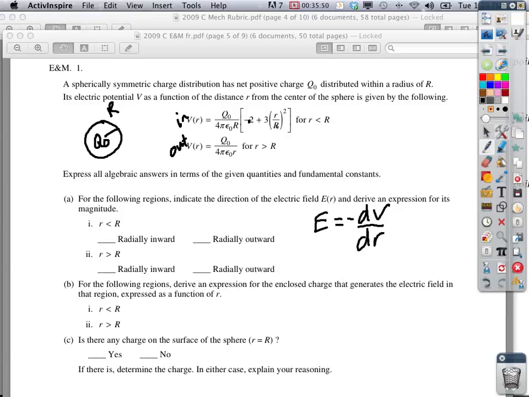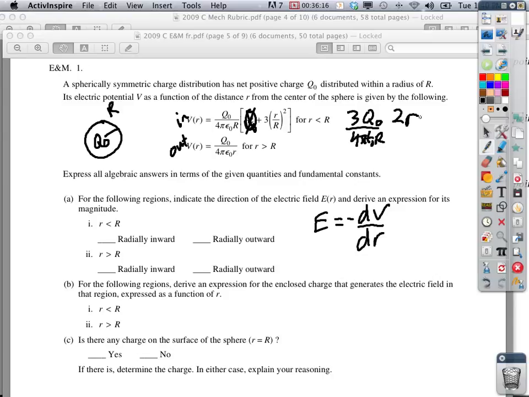This looks really, really hard, right? And then this thing right here is a constant. So what do you do to it? That goes away, right? And then this is distributed. So that whole constant becomes out front 3q0 over 4 pi e0 r, and then this becomes 2r. So it's just 6q0r over 4 pi e0 r.